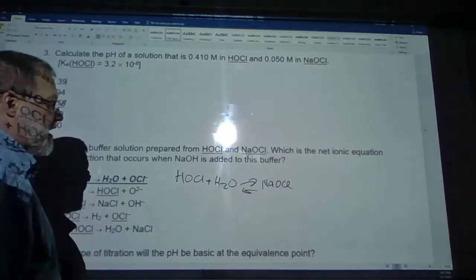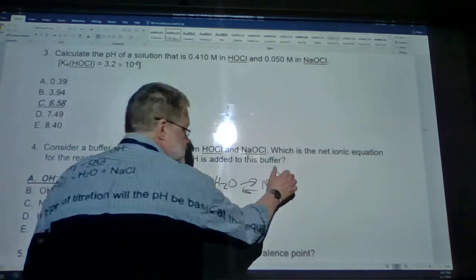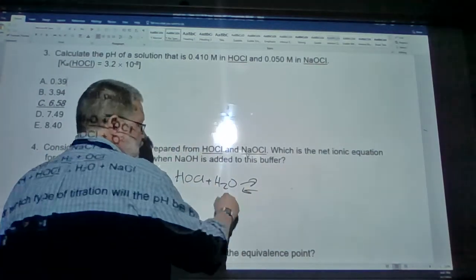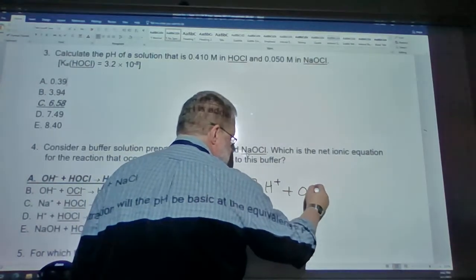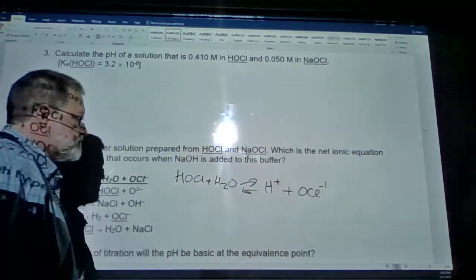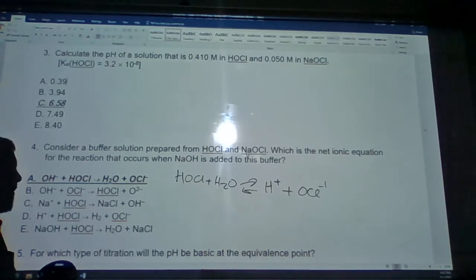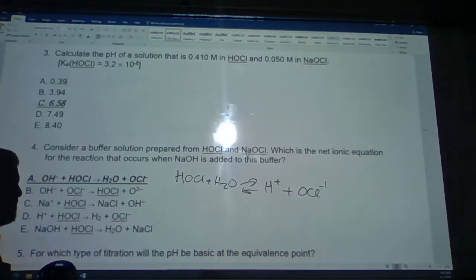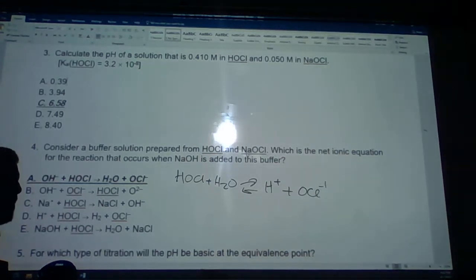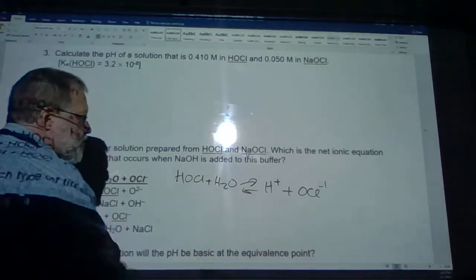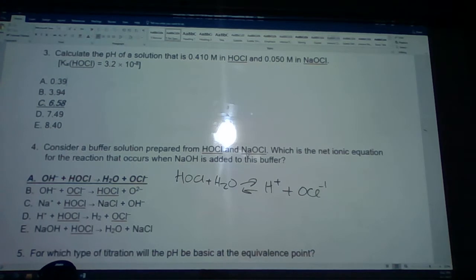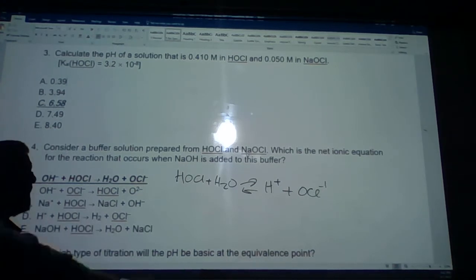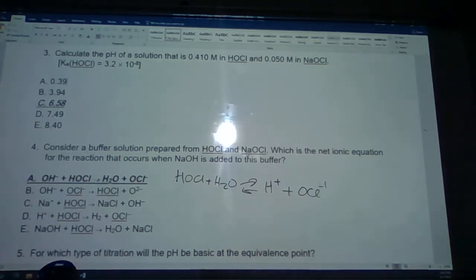It donates the H plus and becomes OCl minus. If we bust this up, this is our ionic equation.